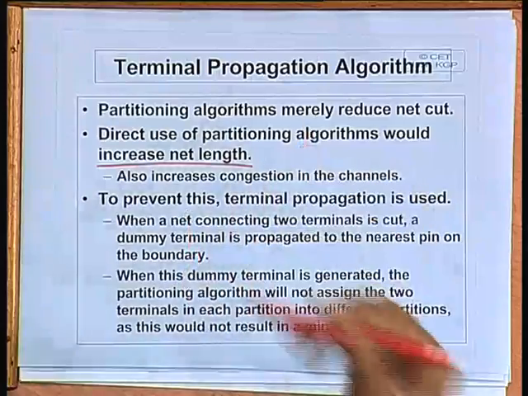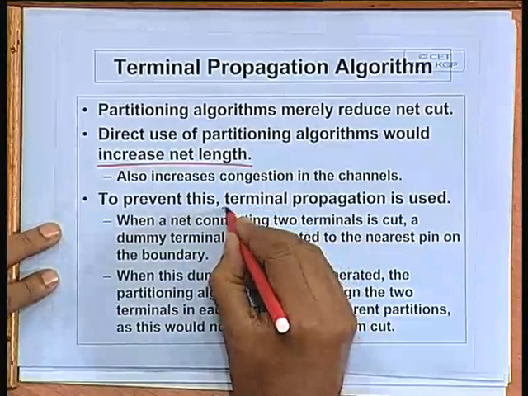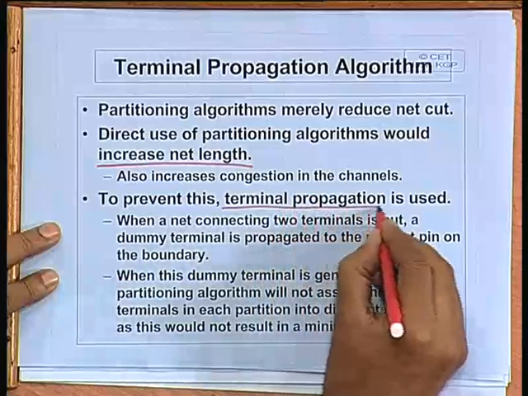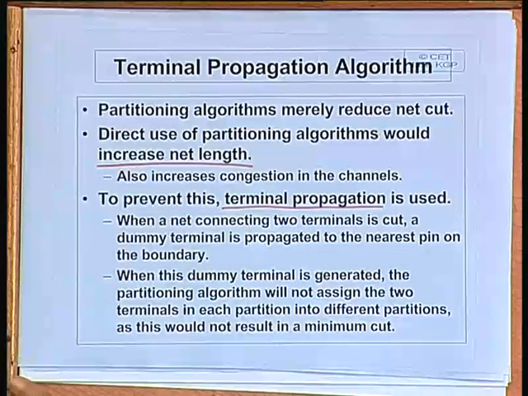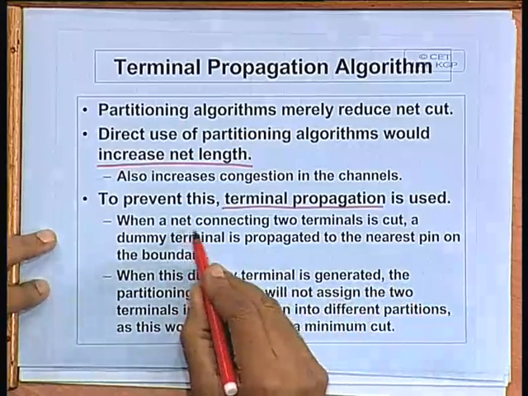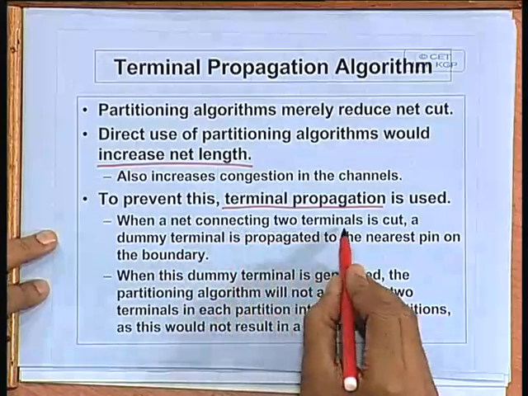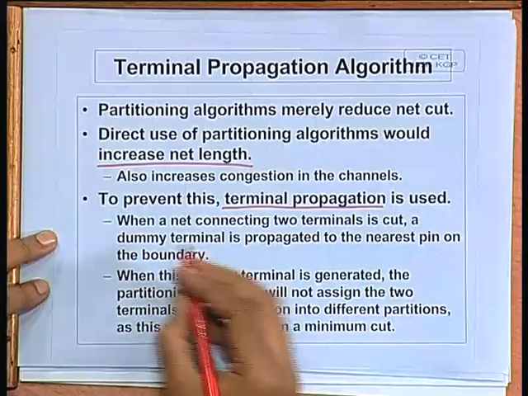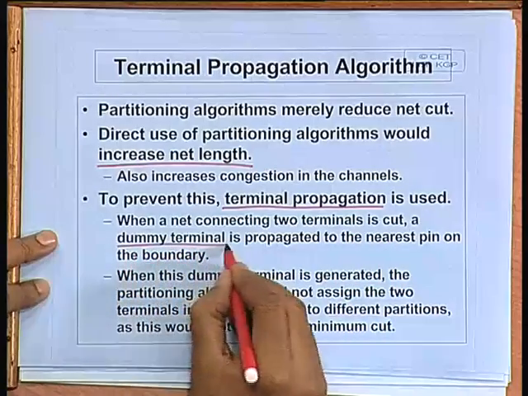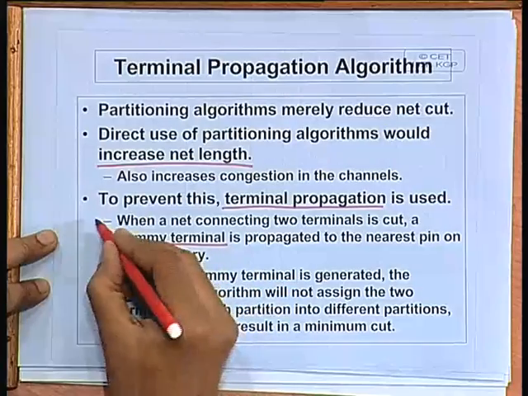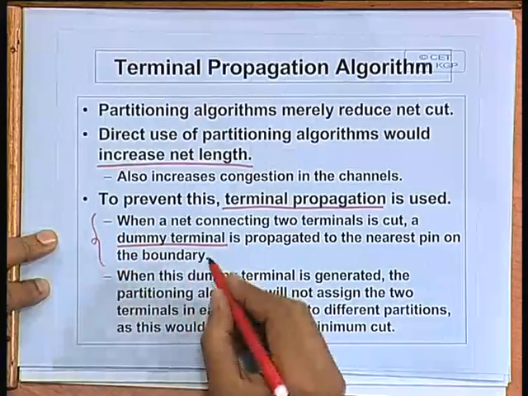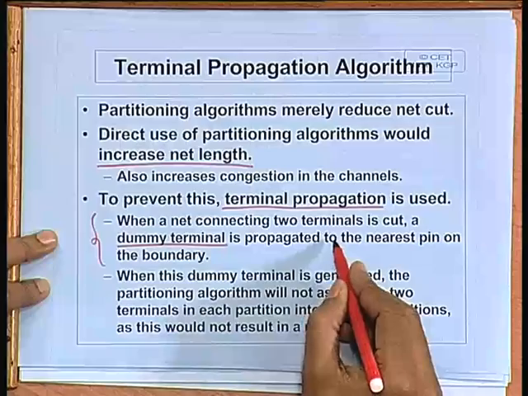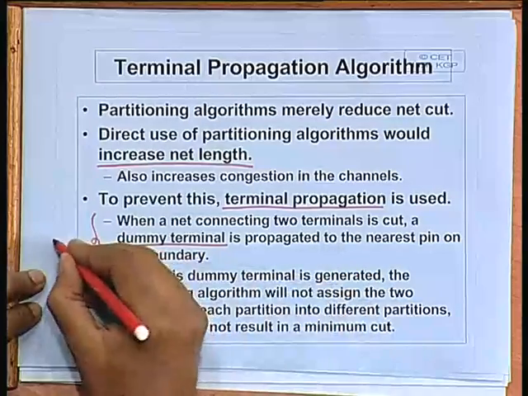To avoid this kind of problem, a heuristic called terminal propagation is used. Terminal propagation says that whenever a net connecting two terminals is cut, you introduce a dummy terminal. Now, it is up to you: do you apply this technique for all net cuts or only for critical nets?